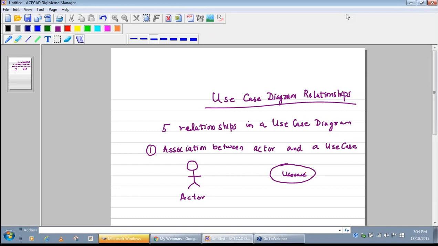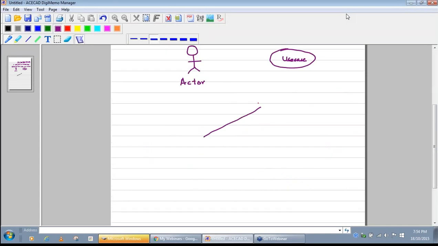The notation for association relationship is the straight line, where actor and use cases are associated with a straight line. The second relationship in a use case diagram is generalization relationship between actors.